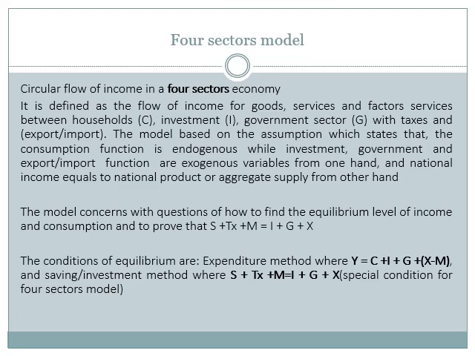Four sectors model. Circular flow of income in a four sectors economy. It is defined as the flow of income or goods, services and factor services between the households sector, investment sector, government sector with taxes, and international trade sector, which includes export and import.